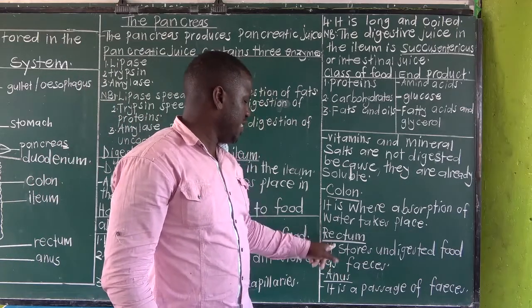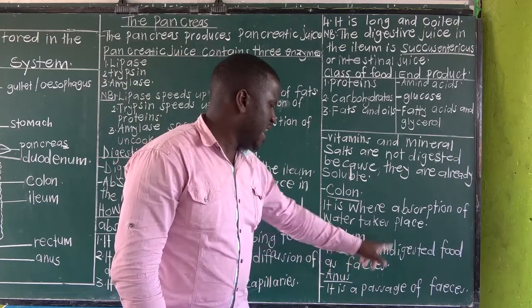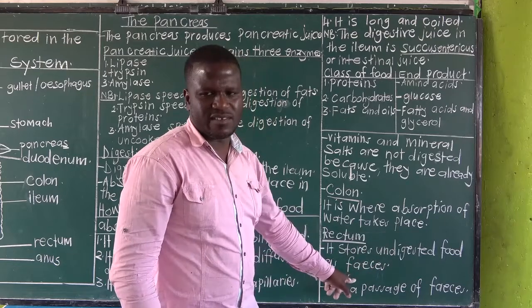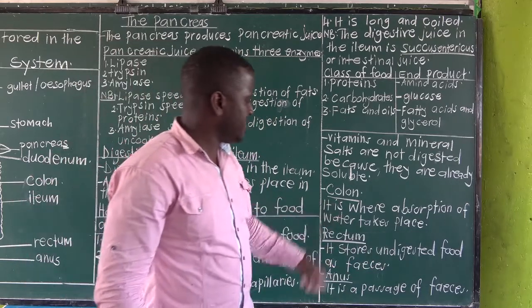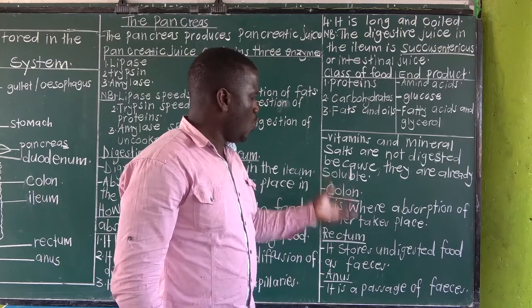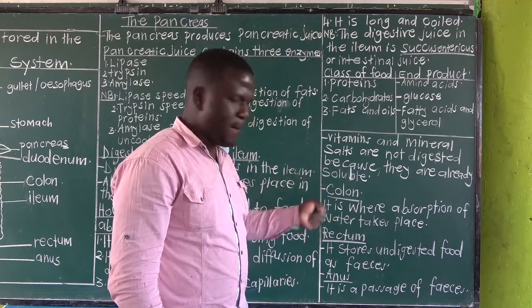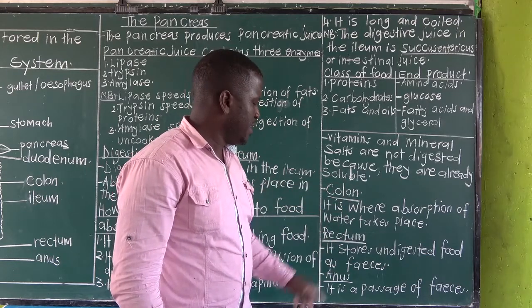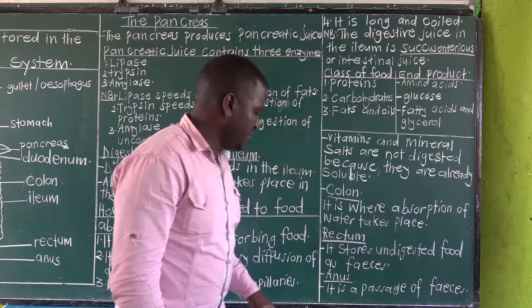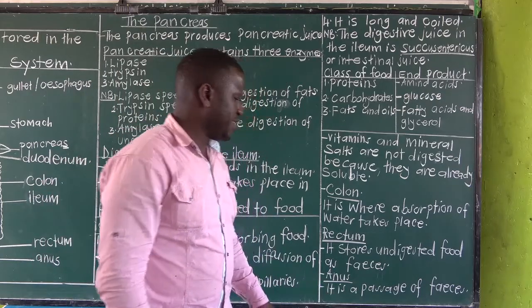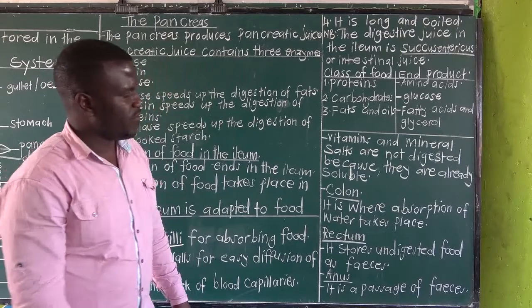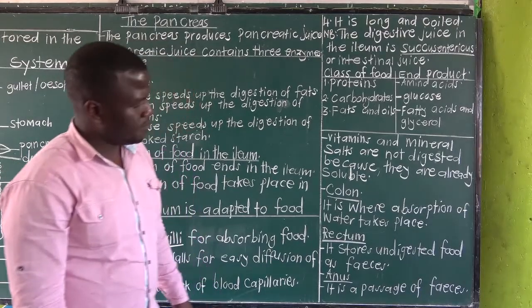The rectum stores undigested food as feces, after what can be absorbed has been absorbed. Then the anus helps to pass out the feces from the rectum.